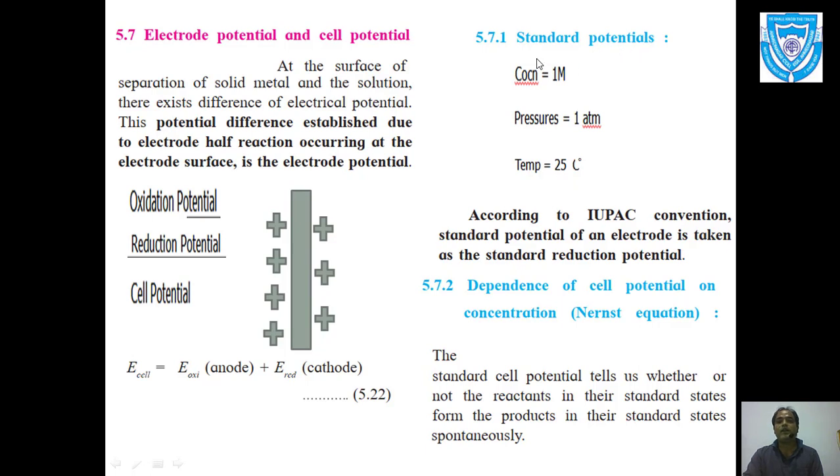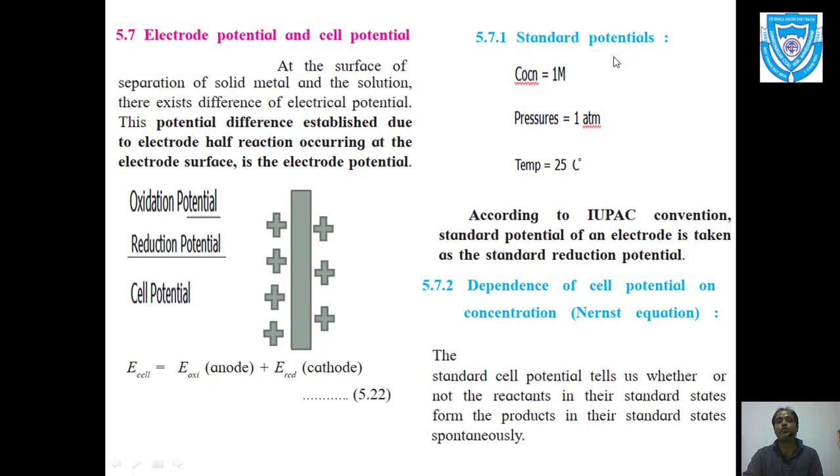Similarly, when we consider two half cells that form a complete cell, and at that time also the concentration is 1 molar for both the cases, pressure is 1 atmosphere and temperature is 25 degrees Celsius, then that is called standard cell potential.